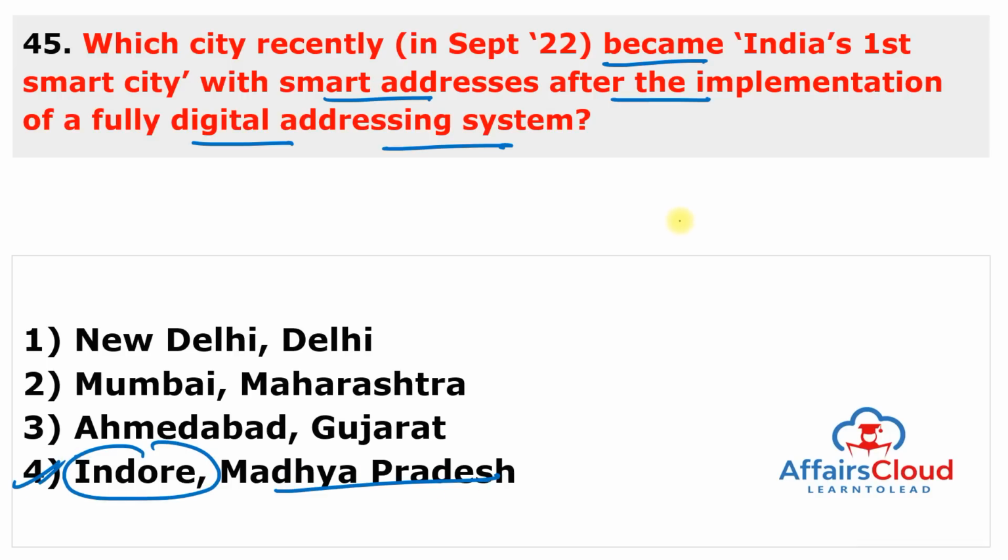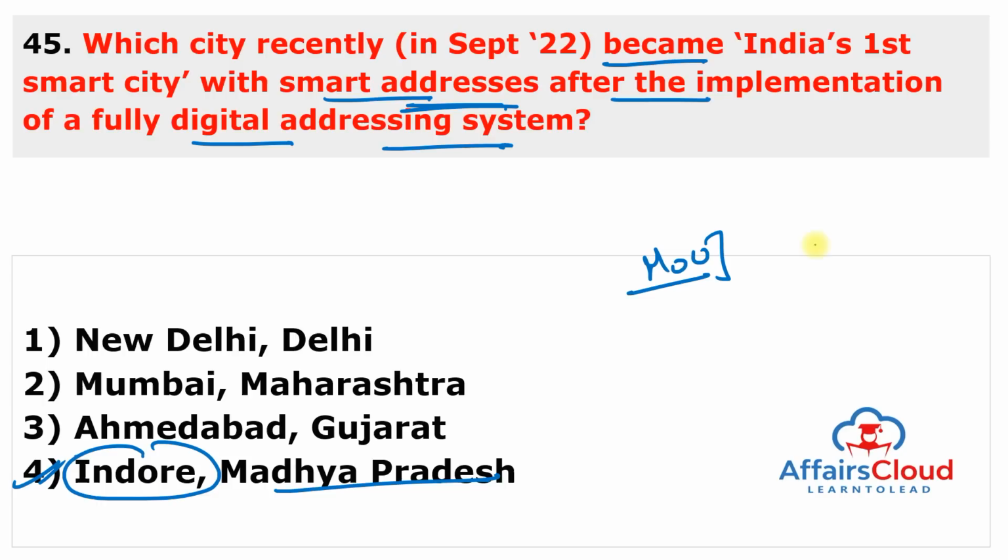So Indore, Madhya Pradesh will become the first smart city with smart addresses after the implementation of a fully digital addressing system of Indore smart city. Even a memorandum of understanding was signed between Rajat Jain, the co-founder of Patta Navigations, and Rishabh Gupta, the CEO of Indore Smart City, for advancing the smart city.